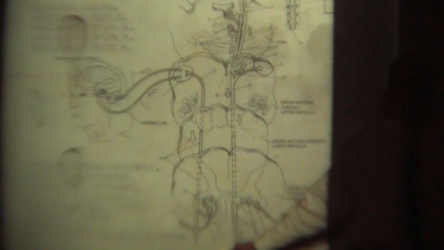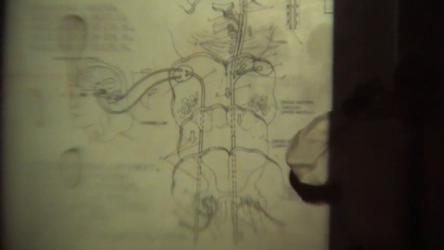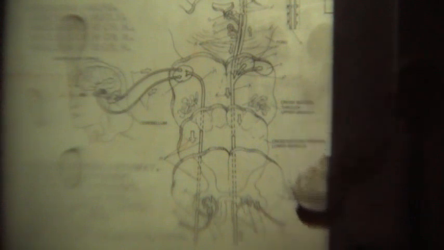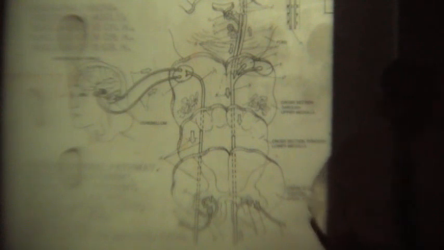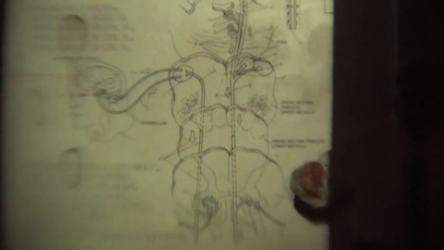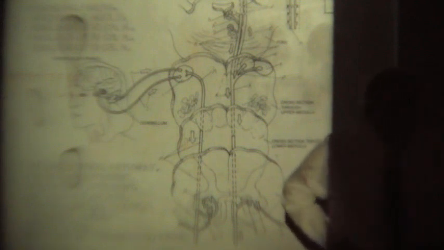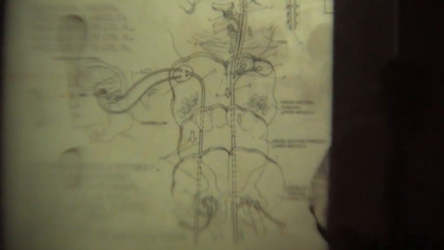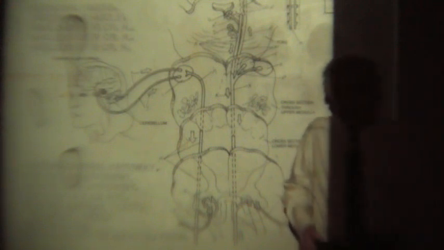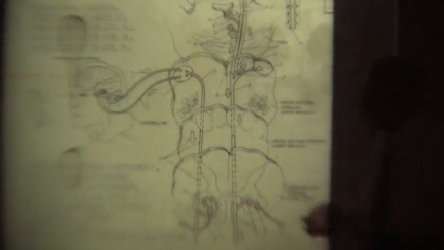A rigidity caused by the loss of descending modulatory effects from up above. In other words, the vestibulospinal system working uncontrolled, unmodulated. So that kind of so-called extensor rigidity is characteristic of a lesion just above our vestibular systems.